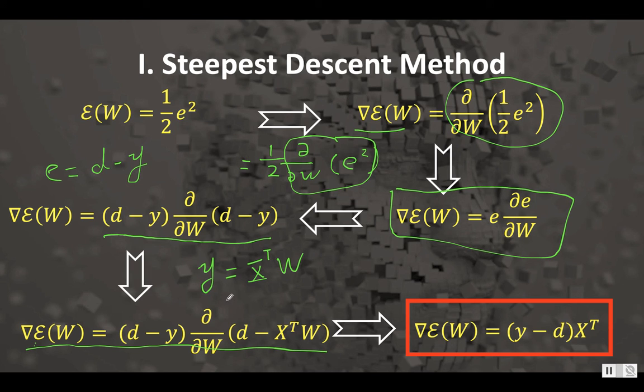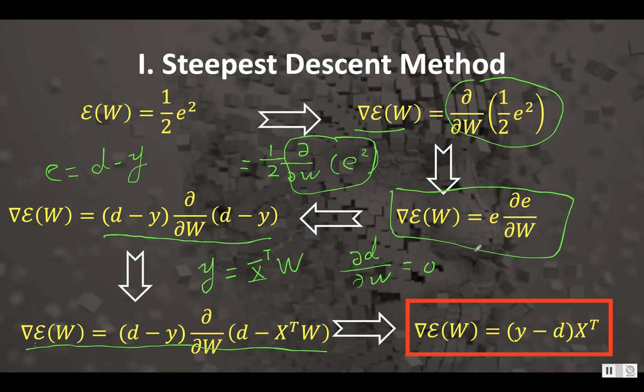Here we know d is a constant. That means the derivative of d over dw equals 0.